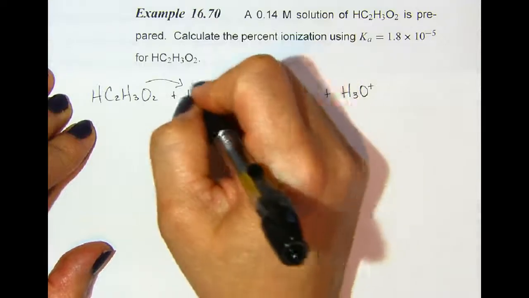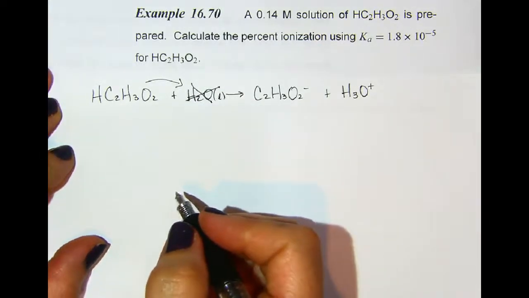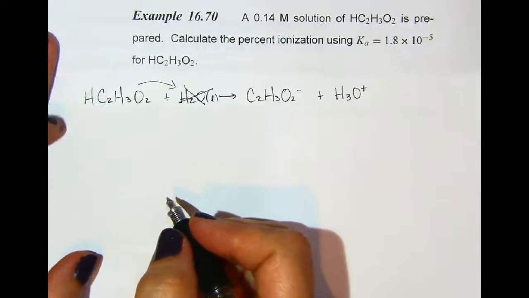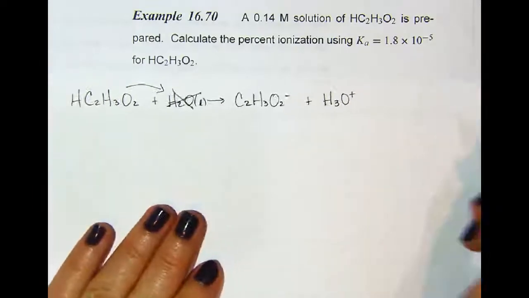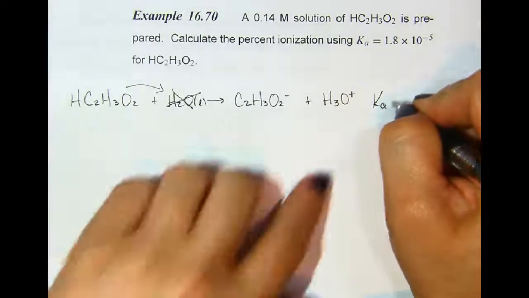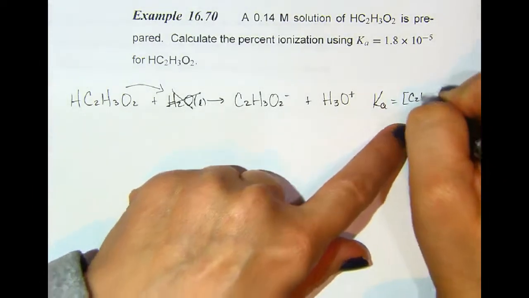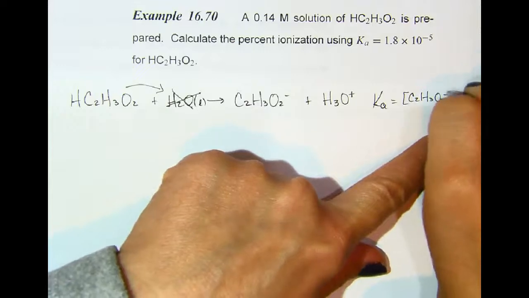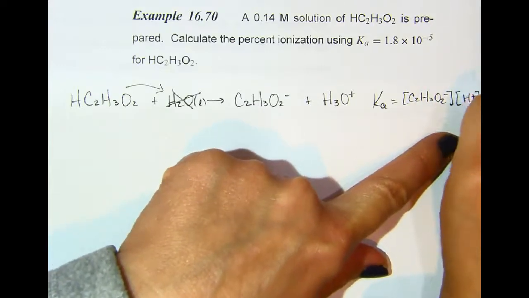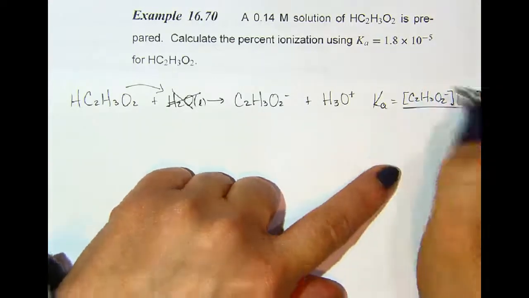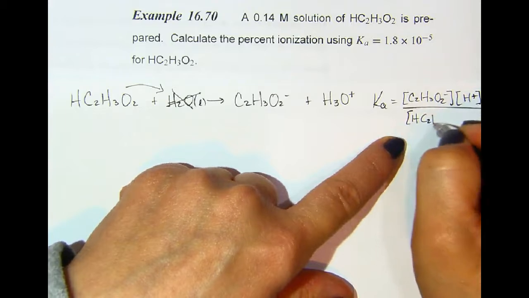Remember, this is a liquid, so it's not included in our equilibrium calculation. We start with, let me write my law of mass action over here. Ka equals acetate times hydrogen over acetic acid.